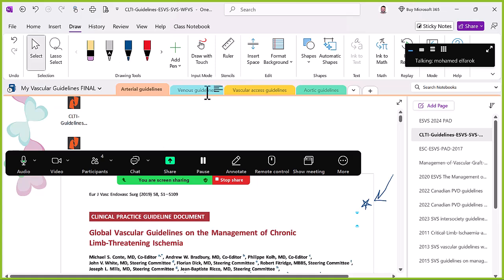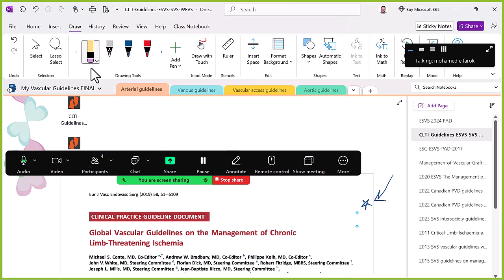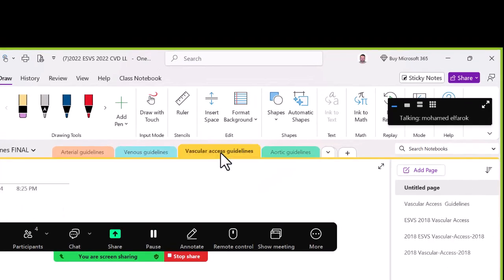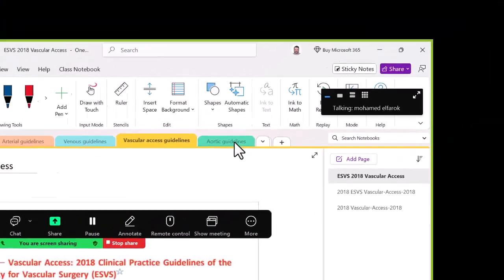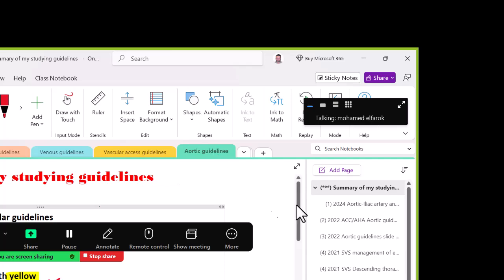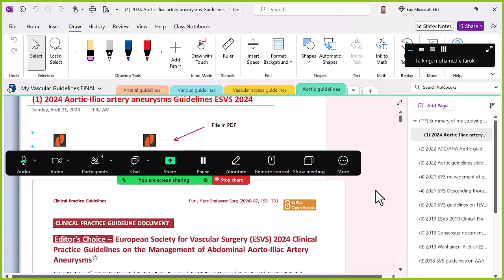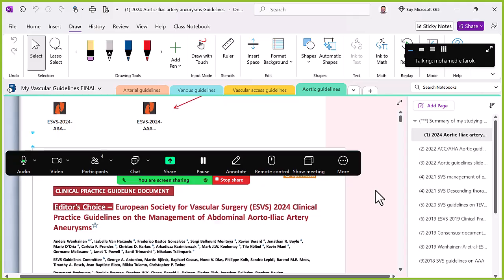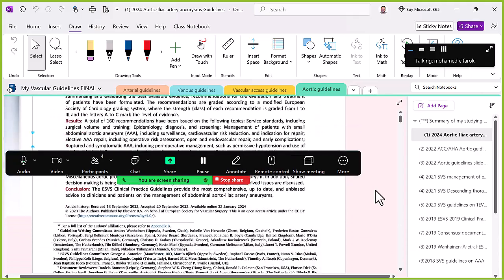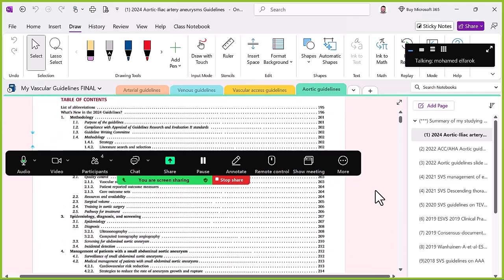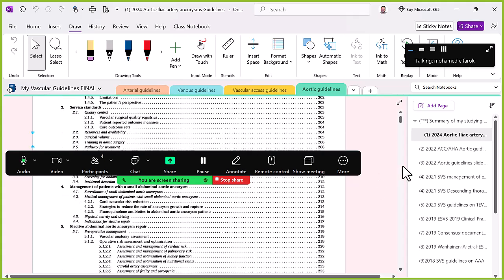I do this over all guidelines, and here you can delete what you don't want. I collected them into venous guidelines. So here are the venous guidelines, and here are the vascular access guidelines. Here are the aortic guidelines, and you can see the aortoiliac is the most recent one by 2014. You can see it here, ESVS 2014. You can read all of it. You can summarize it. You can put before the exam, this is what I need to read, this is what is important, and so on.